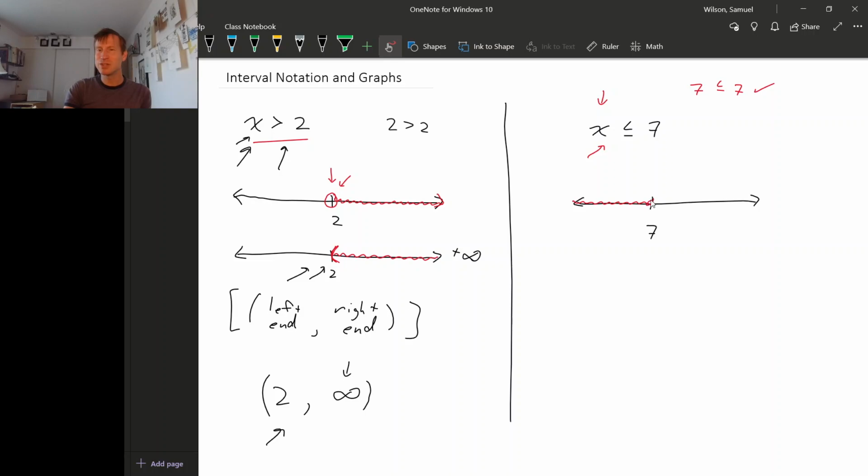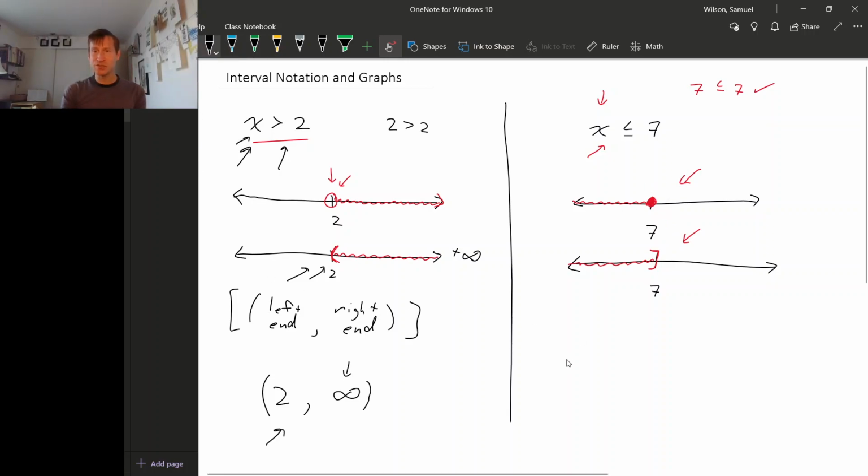Since it is, we'll use a closed circle, a filled-in dot like this. And if you prefer bracket notation on your number lines, so here's 7, everything to the left of 7, you'd use a square bracket like this. These are the two ways of indicating that this endpoint is part of the collection of solutions.